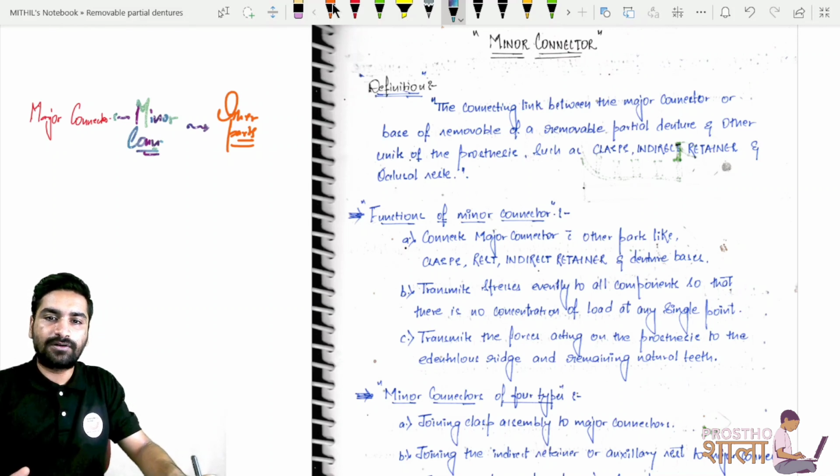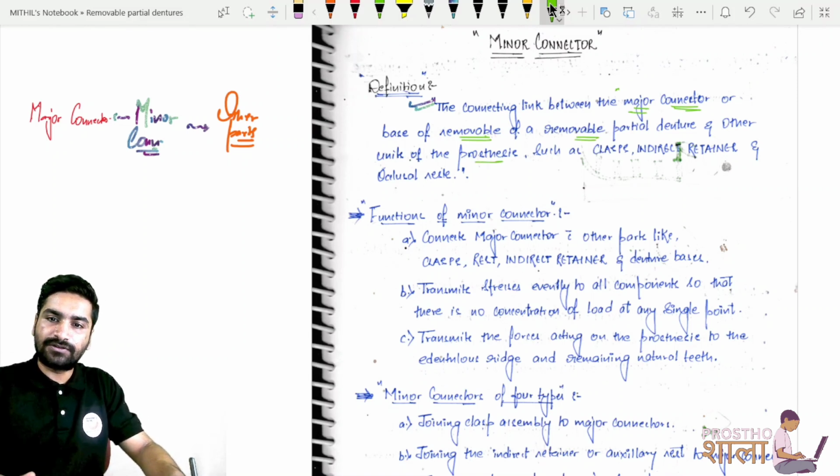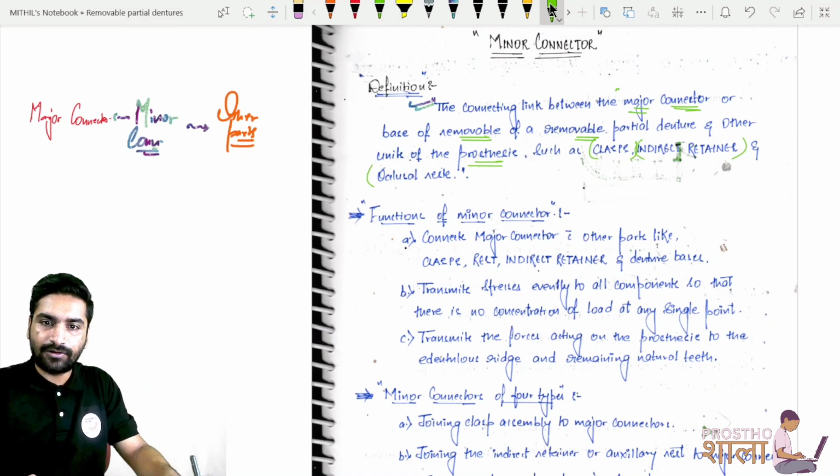If we revise the definition, it is a connecting link between the major connector or the base of RPD and the other units of the prosthesis like your clasp, your indirect retainer or your occlusal rest.